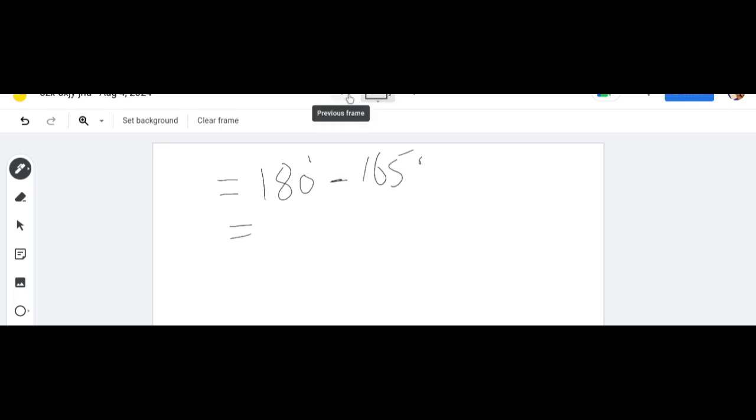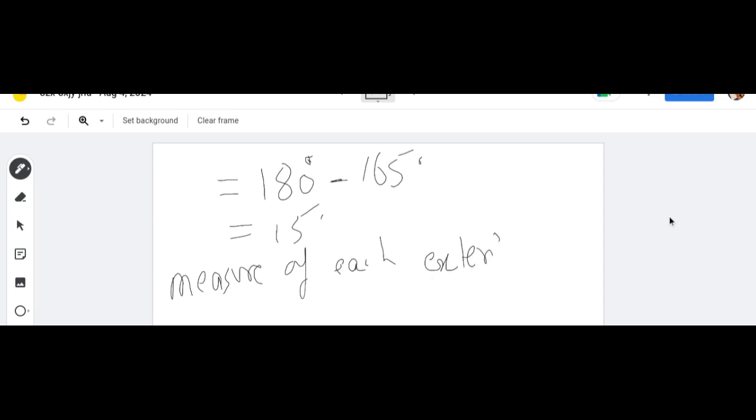What will be the answer of this subtraction? 180 minus 165, 15. So the measure of each exterior angle is 15.